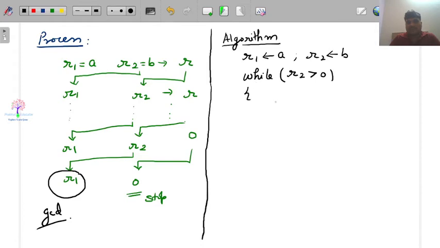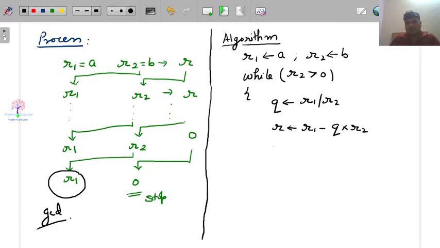In the while loop, we will first find the quotient Q as R1 divided by R2, and in the next step we are interested to find the remainder, that will be R1 minus Q times R2.